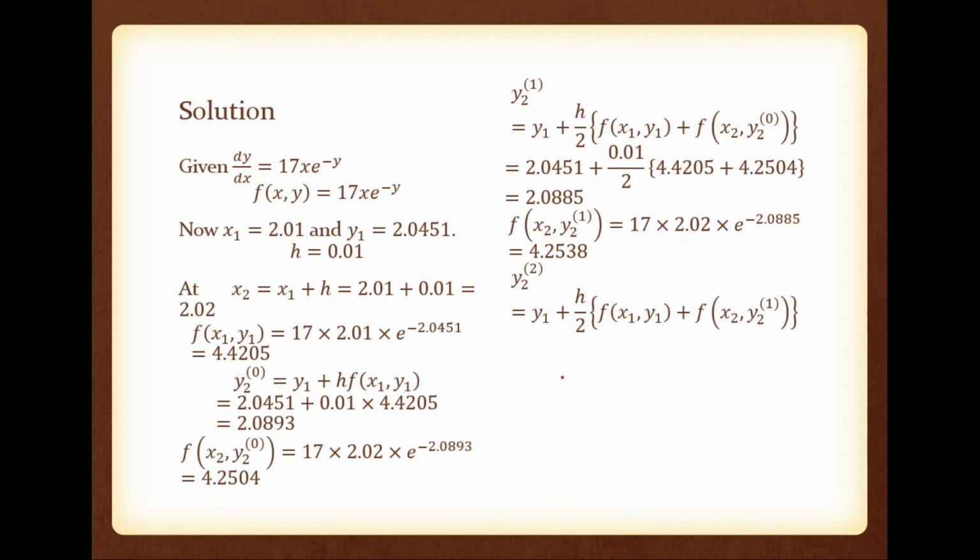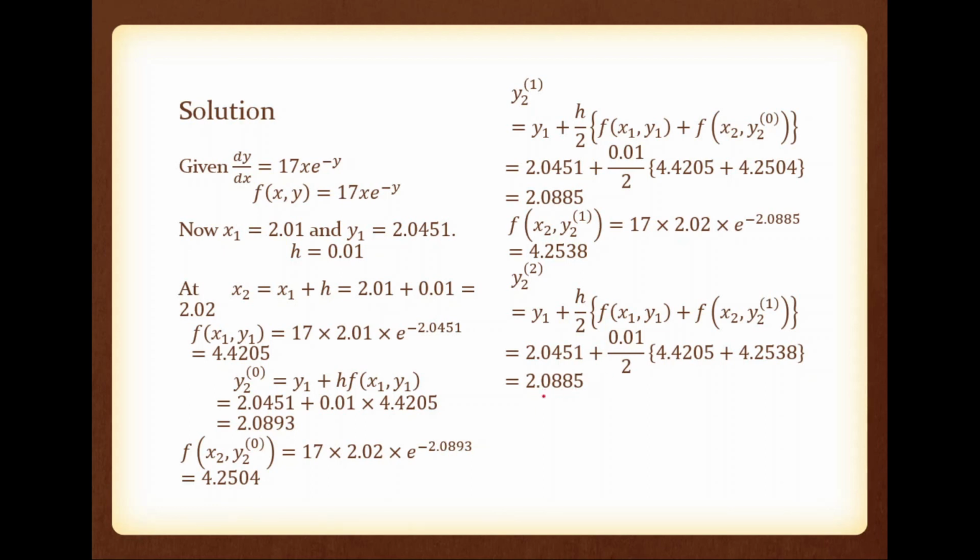So equal to 2.0451, that is the y1 value, plus h by 2, 0.01 by 2, into 4.4205, that is f of x1 comma y1, this is fixed, plus f of x2 comma y2 of 1, 4.2538, this one. So y2 of 2 is equal to 2.0885.